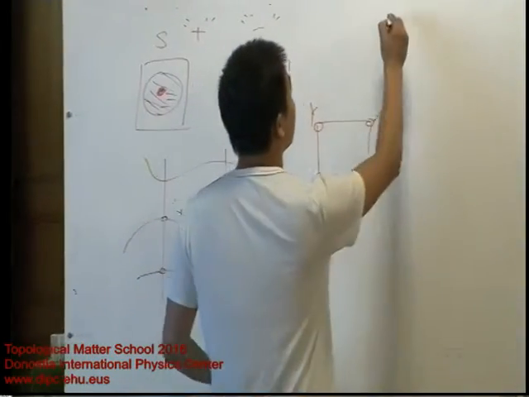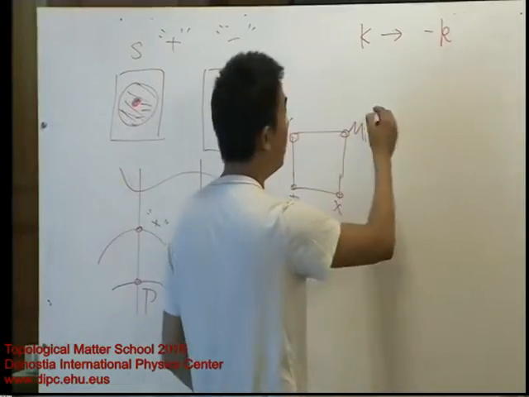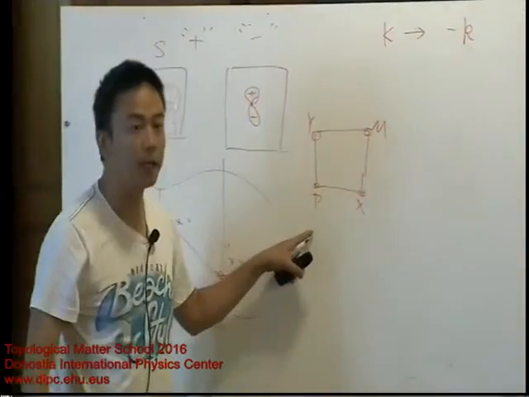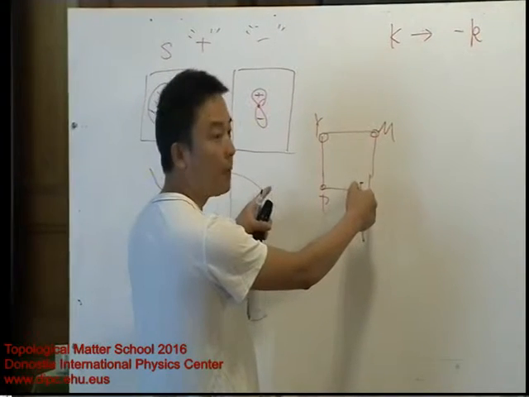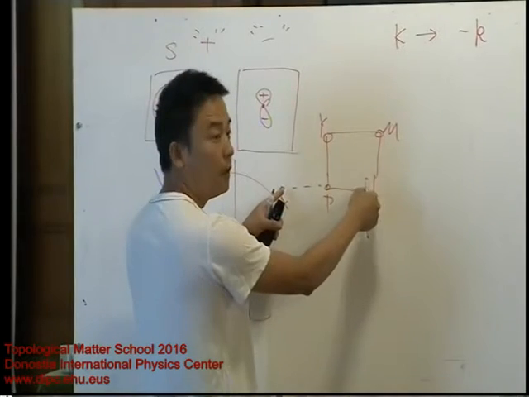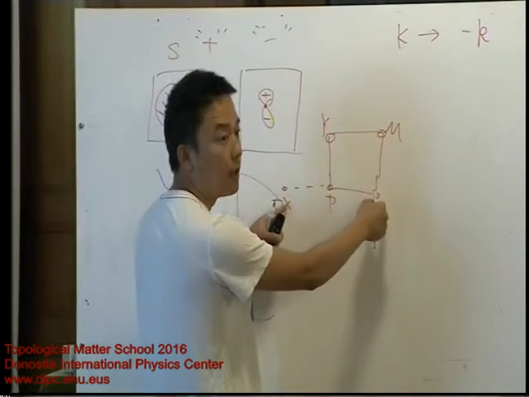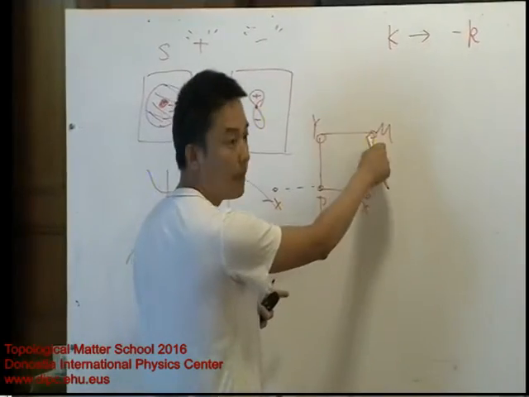Time reversal takes a general k point to minus k. For gamma, it becomes minus gamma, which is just gamma. X becomes minus x, but they differ by 2 pi, so they are actually equivalent. So here is time reversal invariant, here is the same, here is the same.